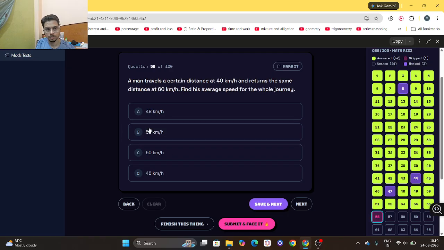Next, a man travels a certain distance at 40 km per hour and returns the same distance at 60 km per hour. Find the average speed for the whole journey. Average speed is equal to total distance upon total time.